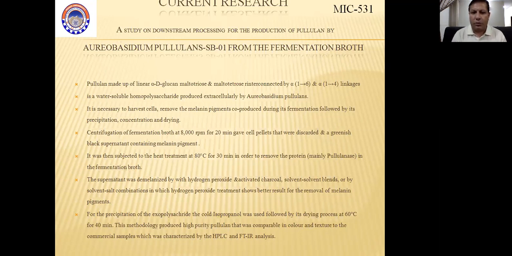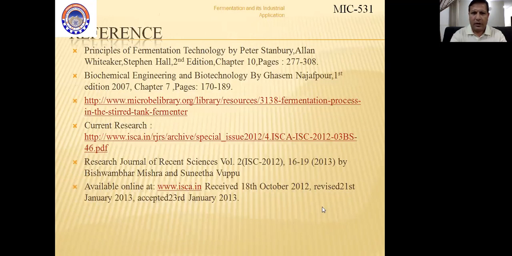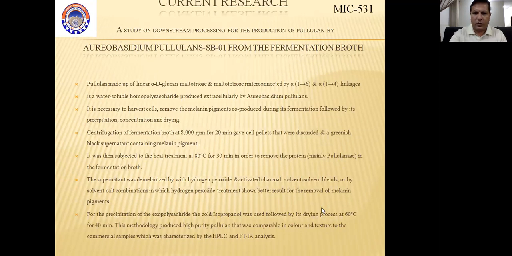This methodology produced high purity pullulan that was comparable in color and texture to the commercial sample, which was characterized by HPLC and FTIR.